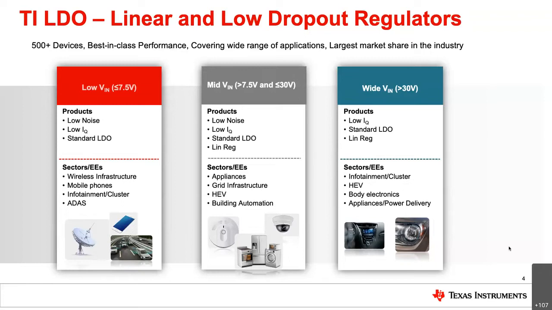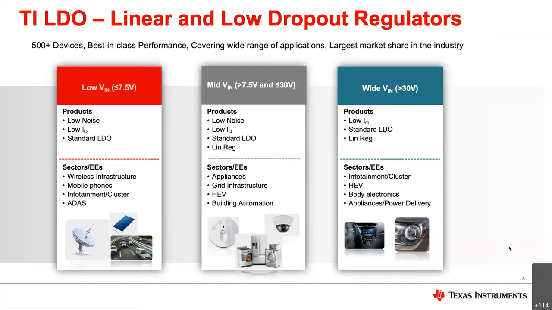You can see we have 3 pillars broken out by input voltage: low, mid, and wide voltage, based off the voltage ranges you see here. Once the input and output voltage has been decided, we can then differentiate depending on the needs of the application. So, low noise for precision applications such as radar, data converters, PLLs, and even heart rate monitors and smartwatches.